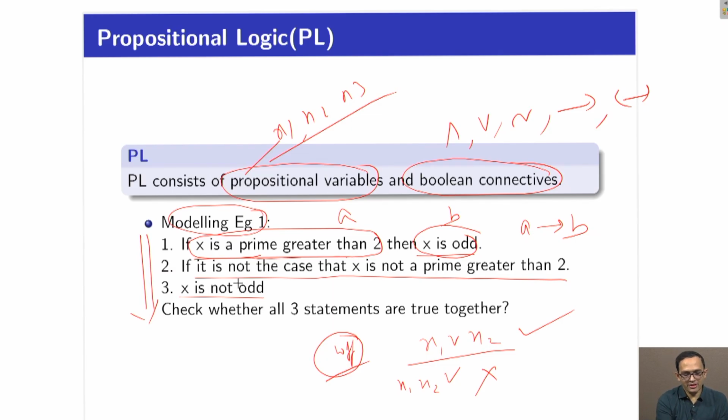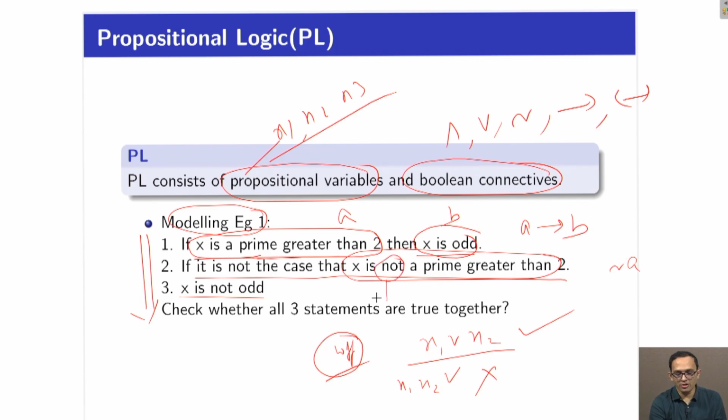Now, here I am saying it is not the case that x is not a prime greater than 2. So, that means not of A, which is modeling this part, right, x is not a prime greater than 2. My A is x is a prime greater than 2, so it is a not of A, right, x is not a prime.